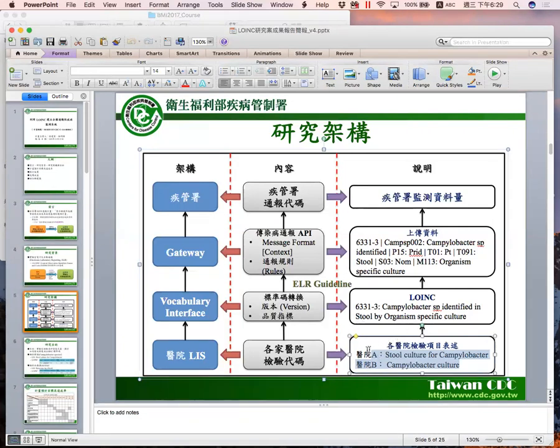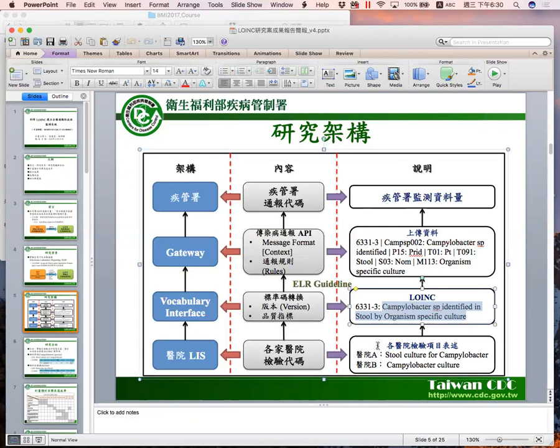So the idea is that each hospital has a different name for the same thing. We wish they can use the standardized LOINC code. In this case, this is the LOINC code for stool culture for this bacteria.